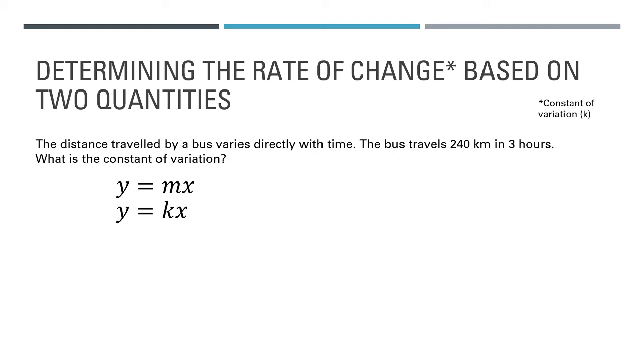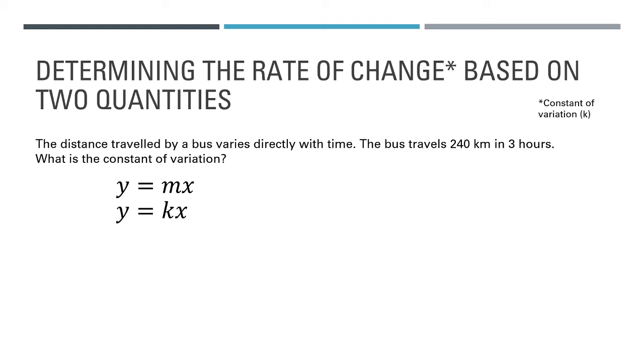Remember, y is the quantity for the dependent variable, and x is the quantity for the independent variable. Of 240 kilometers in 3 hours, which one is the dependent variable? Which one should be y? Well, the amount of kilometers traveled depends on the amount of time. So y could be replaced with 240.